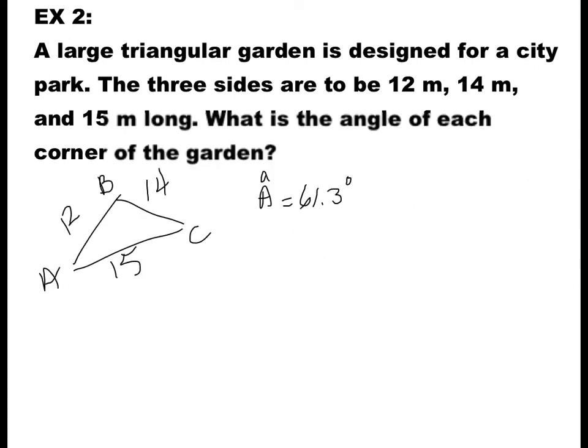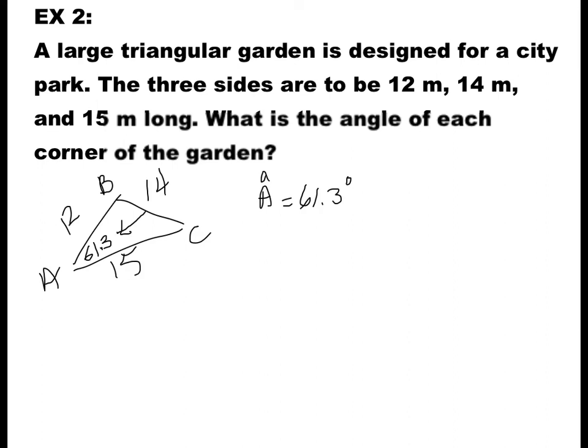Okay, now that we have angle A, 61.3, I must try to find angle C or B. Now, again, either I can use cosine law for angle C, or I can use the easier method, which is sine law, because now I have a side and the angle in front of it.